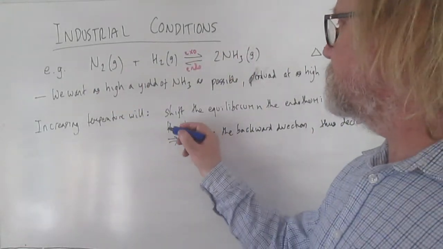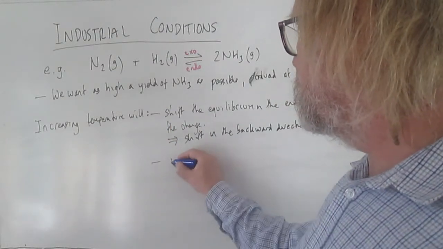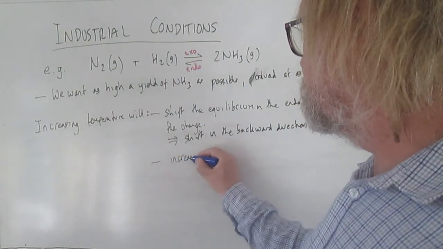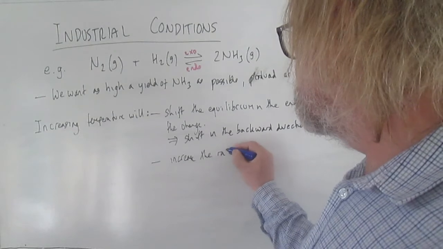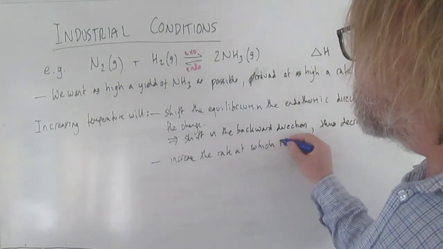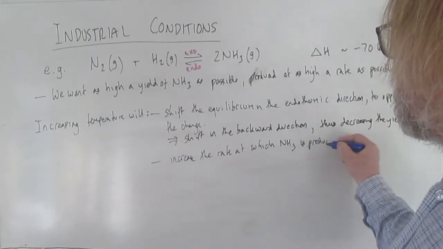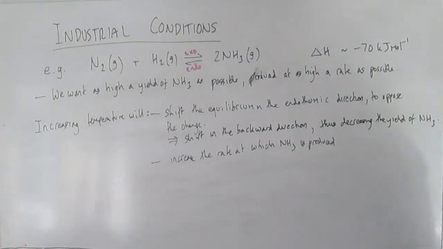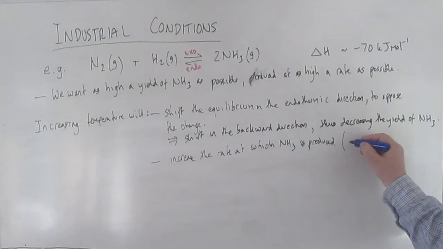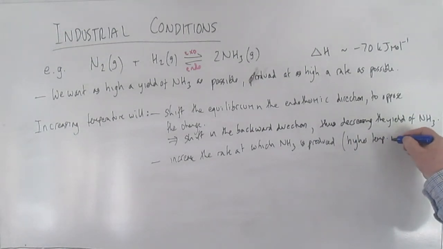On the other hand, what increasing the temperature will also do is increase the rate at which ammonia is produced. Because, as you know from all the stuff you've done on rates of reaction, higher temperature increases the frequency of successful collisions.